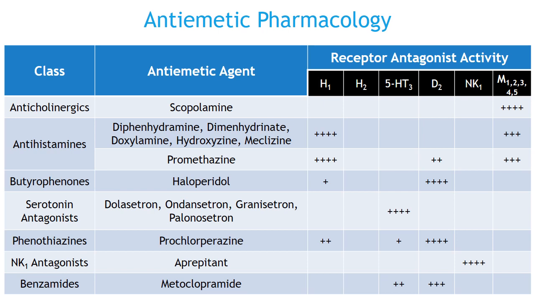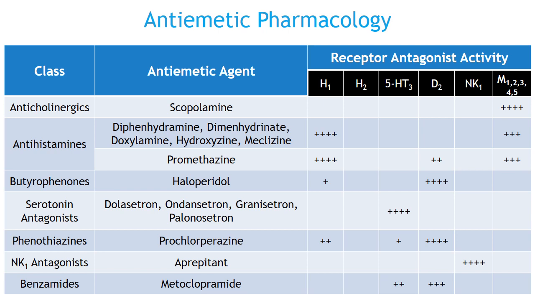So that's more important. So we find out that we know these antihistamines have H1 receptor blockade effects and muscarinic receptor effects. In fact, the only ones we use for nausea and vomiting have both H1 and muscarinic receptor activity. Promethazine is interesting because that blocks H1, D2, and muscarinic receptors.